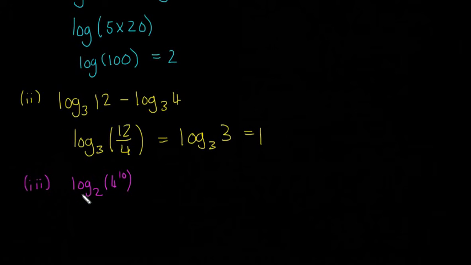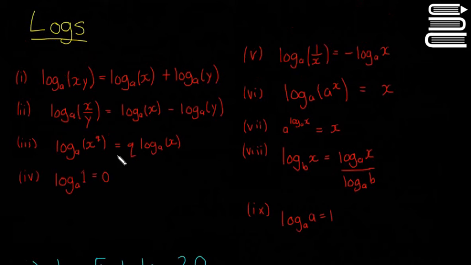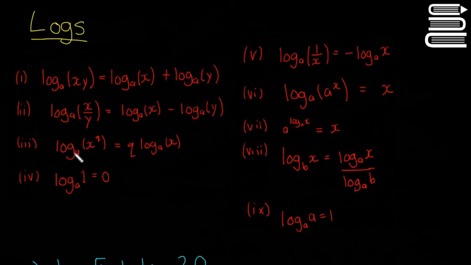Okay, and here we have our third question then. So log to the base 2 of 4 to the power of 10. So we have to simplify this. We're not going to multiply 4 to the power of 10 out because that'll be a massive number. So instead we're going to use this rule here: log to the base a of x to the power of q, we can bring that q down to the front. So here it's in front of the log and there's no more q up there.